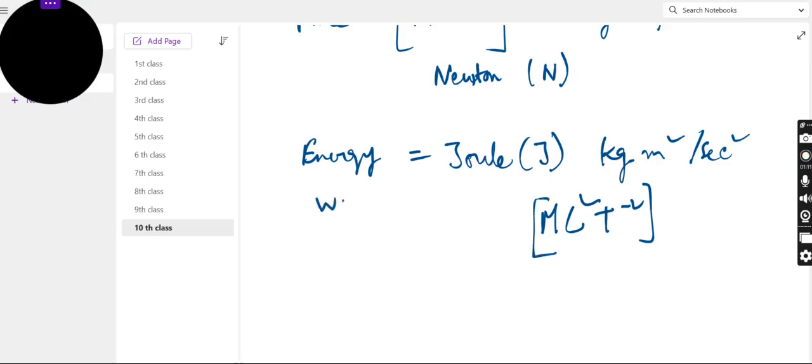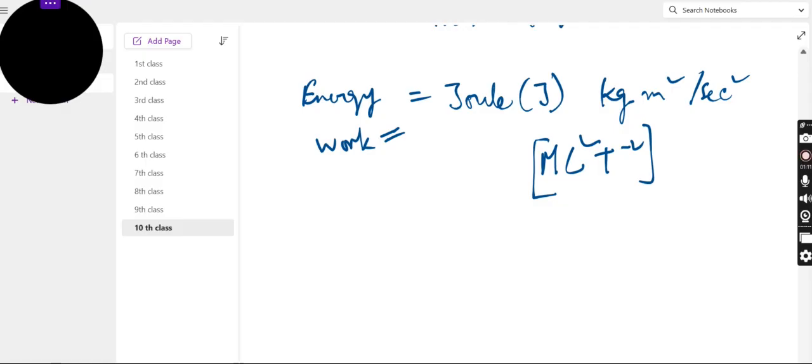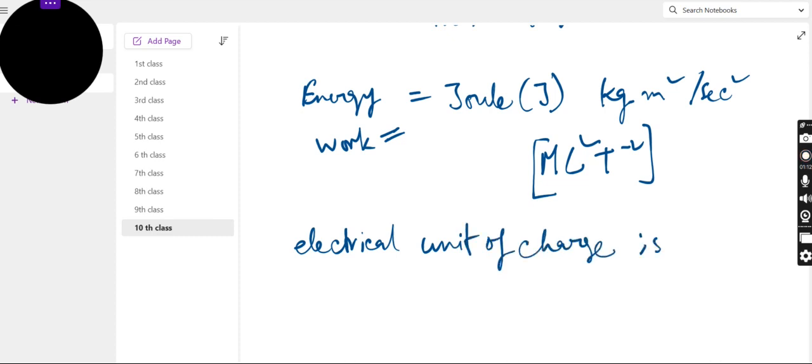So energy and work are the same. And the electrical unit of charge is coulomb.